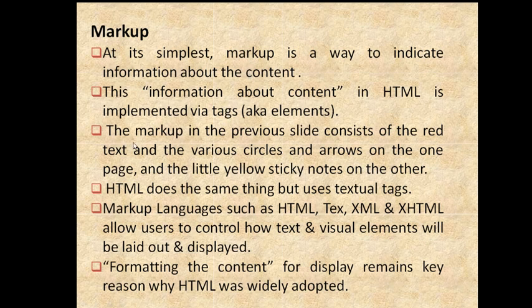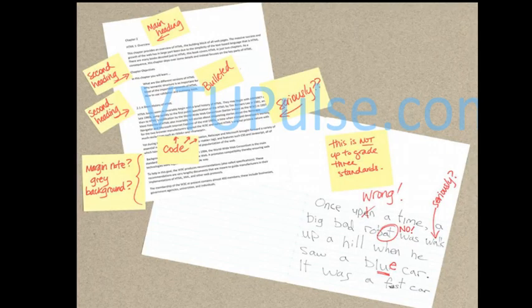The markup in the previous slide consists of the red text and the various circles and arrows on one page and the little yellow sticky notes on the other. This markup is very different, where they have made use of arrows, yellow sticky notes, red text and all. HTML will not make use of these extra things.